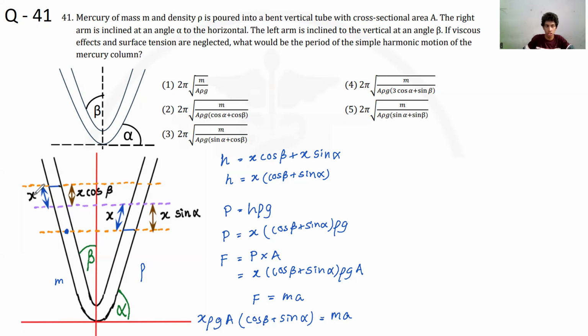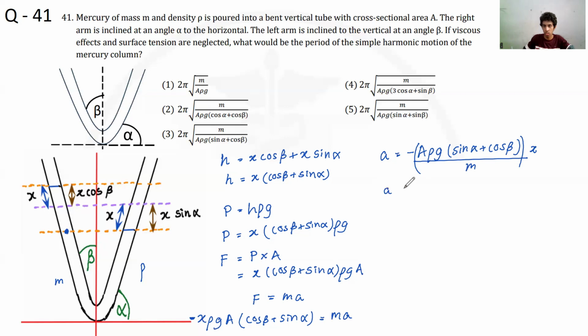Therefore, the direction of the displacement is opposite to the direction of the acceleration, so here x will be negative. You all know that in simple harmonic motion, the acceleration always occurs opposite to the direction of displacement. Now we can solve for the acceleration. Therefore, a will be equal to minus A rho g (sine alpha plus cos beta) over m into x.